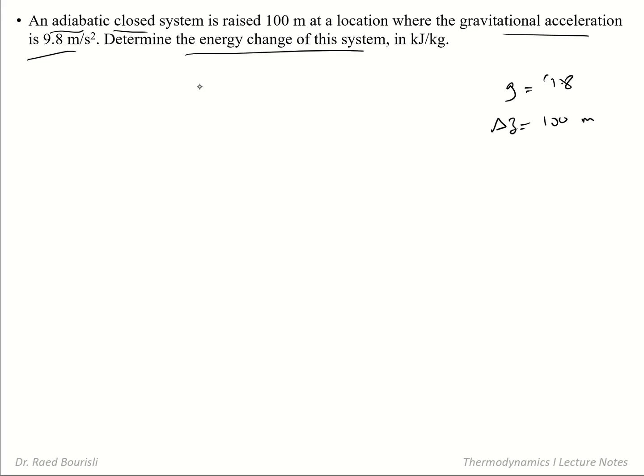Determine the change in energy of the system. It didn't tell me anything about delta T or delta kinetic energy, nothing. So I'll just say the change in energy of the system is just a change in potential energy, and I have no information about the mass either.